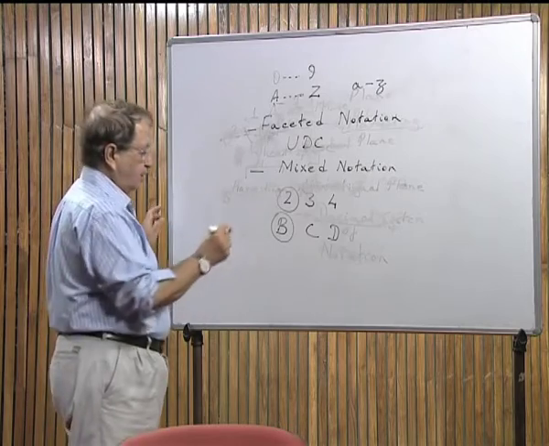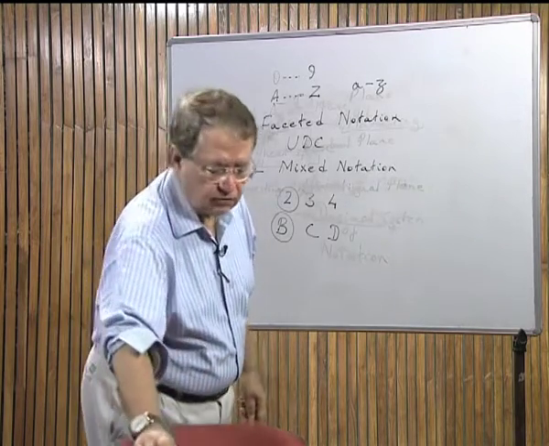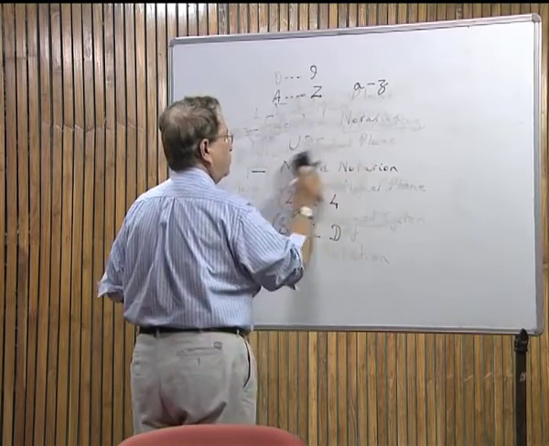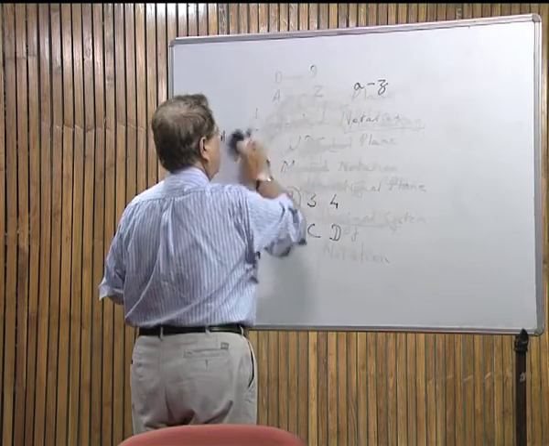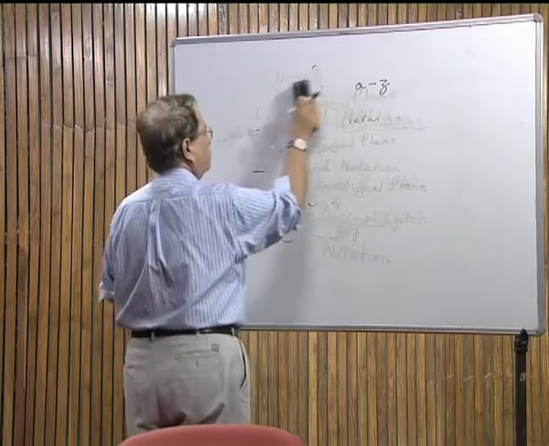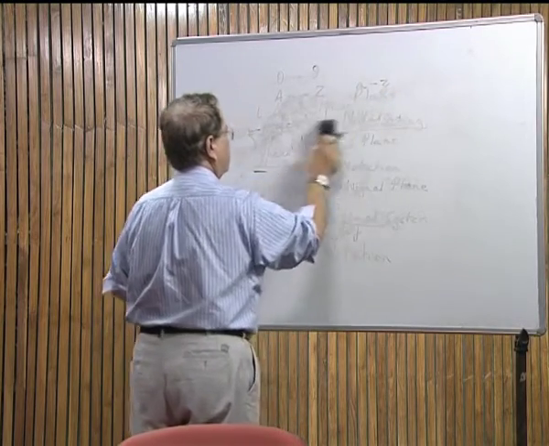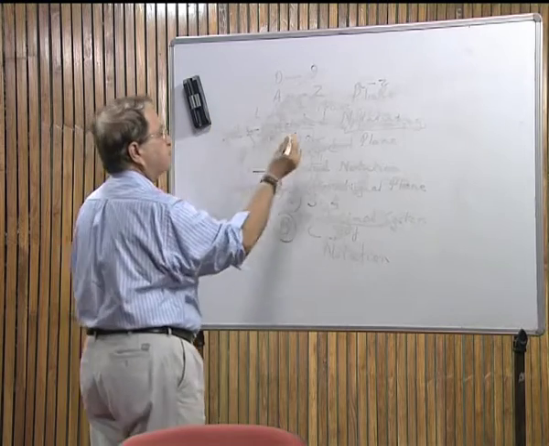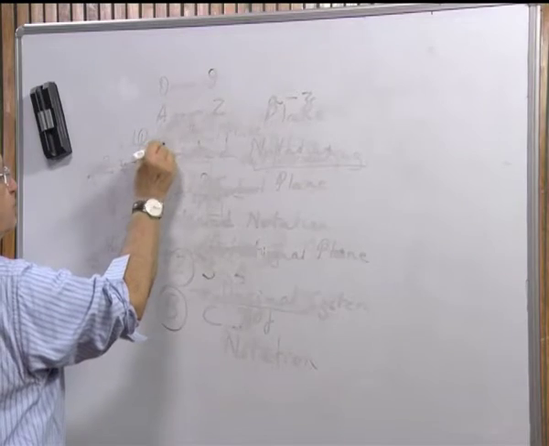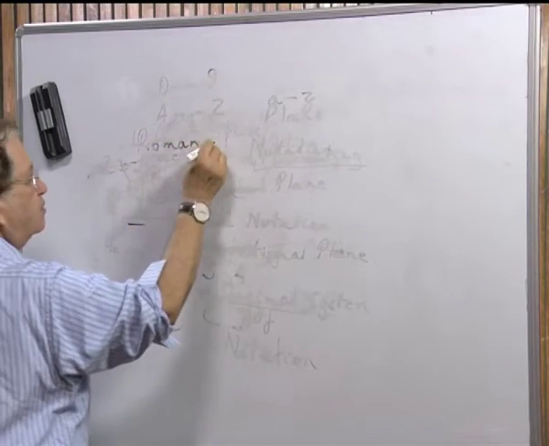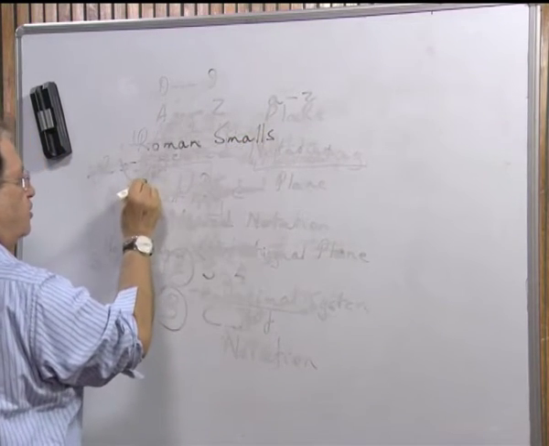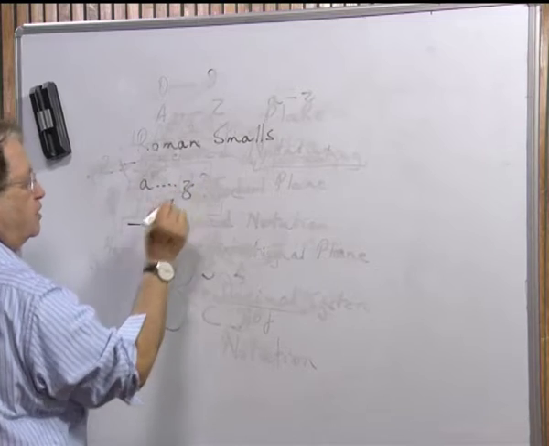Dr. Ranganathan in his theory said that what we should do is that we should keep first of all the alphabets, we call them the Roman smalls. Roman smalls mean small a to small z.